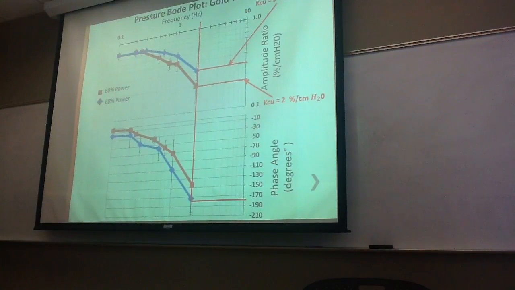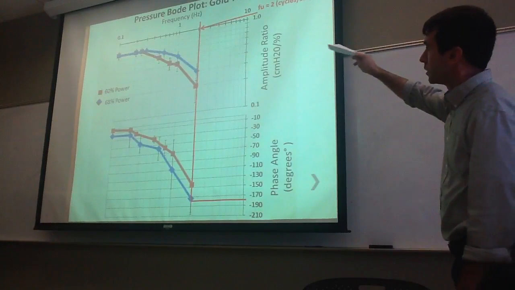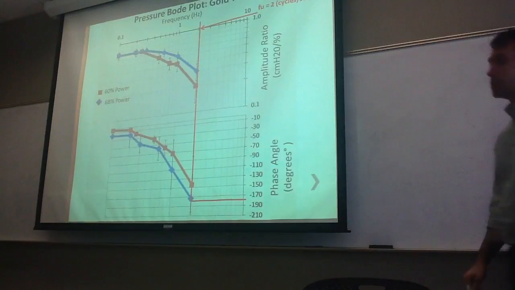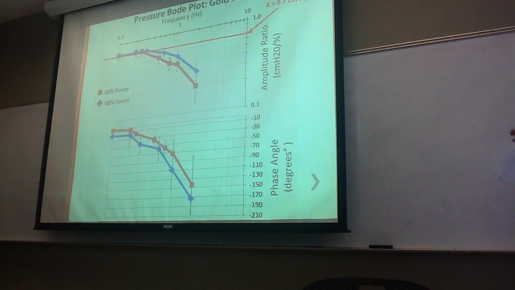And where that line meets the frequency axis, that's the ultimate frequency, which was found to be 2 cycles per second. And then the gain was found to be 0.7 centimeters of water per percent. And all these we put in error bars with uncertainties.